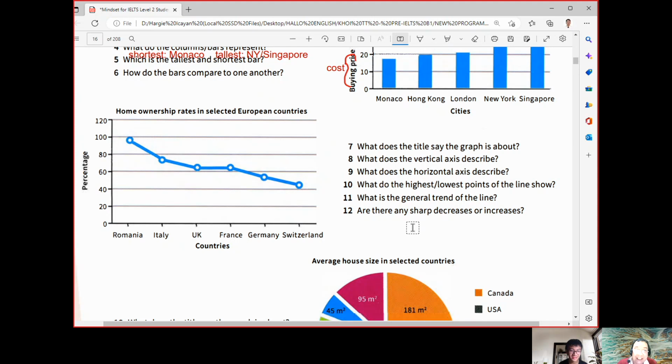So the percentage of people owning their own homes. So that would be the vertical axis. What does the horizontal axis describe?